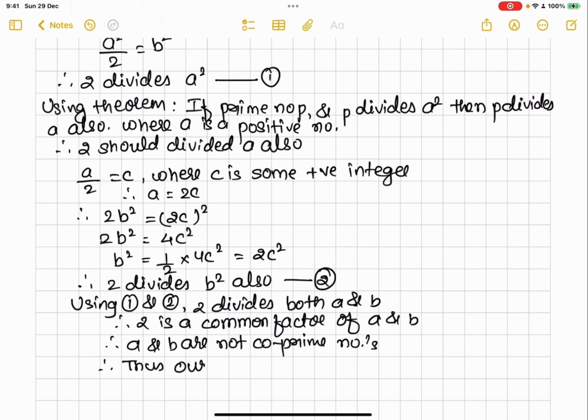Thus our assumption is wrong. Therefore root 2 is irrational. Now the same way you can prove root 3 and root 5 by putting 3 and 5 instead of 2.